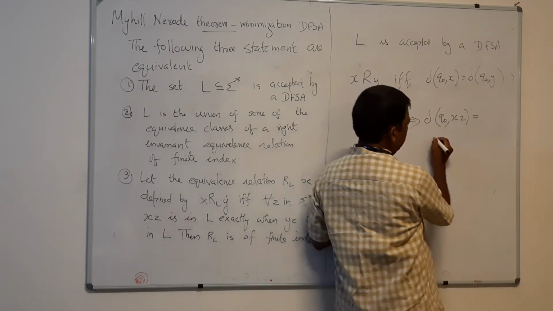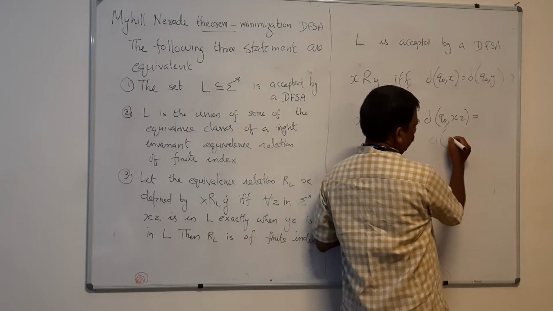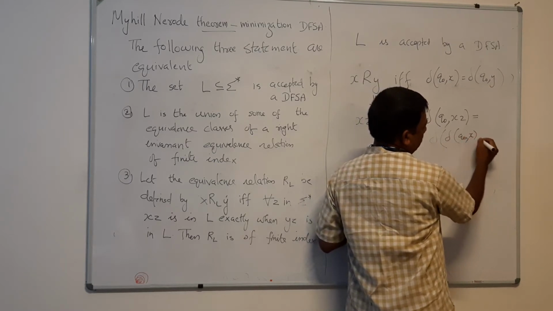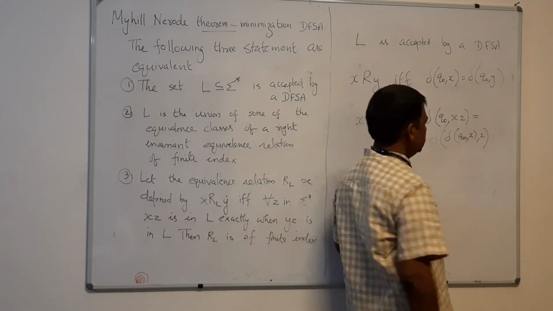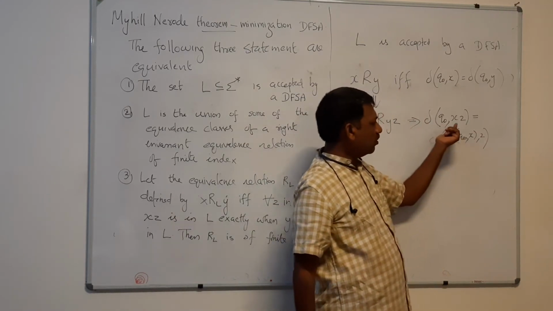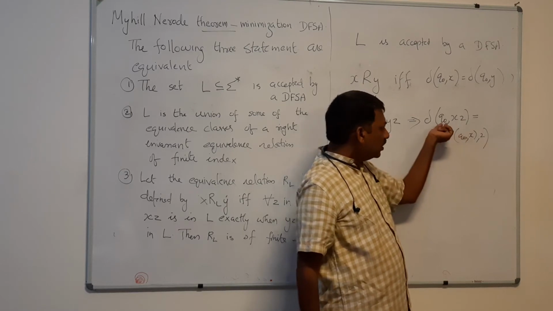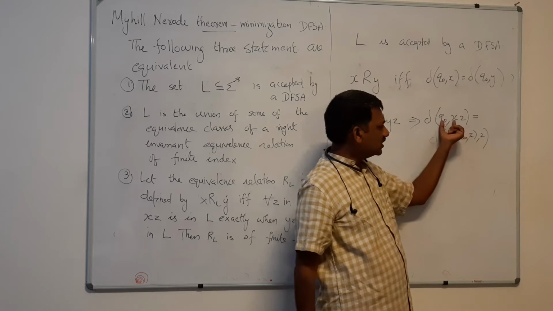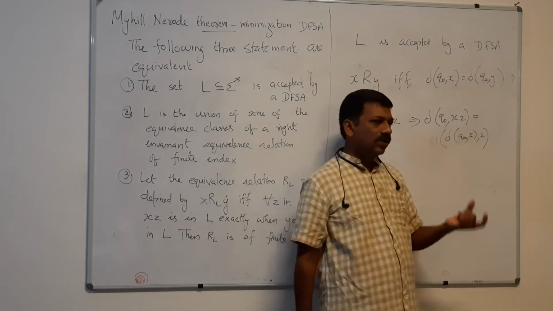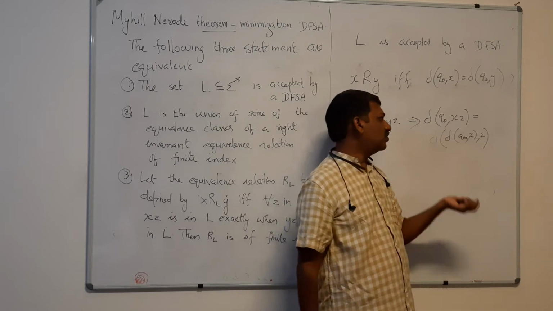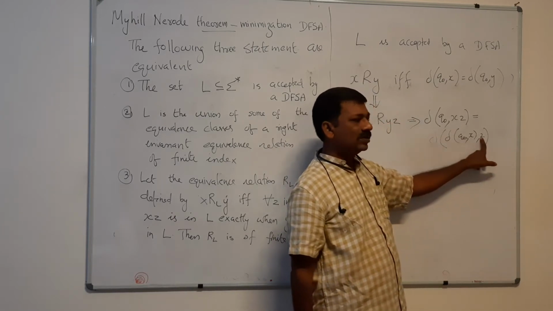What will happen? Delta of q0, xz. Delta of q0 upon receiving xz means delta of q0 upon receiving x: you have reached some state, and from that state you are going to start the journey through z.